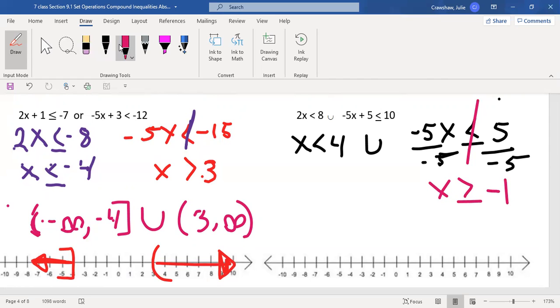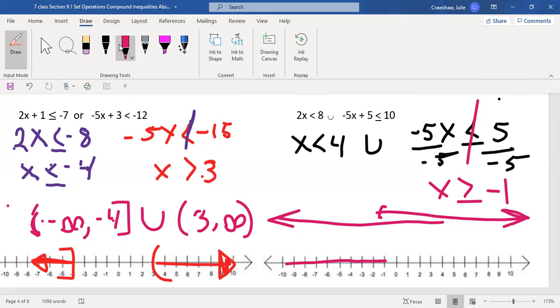So now let's see, I have x is less than 4. So here's 4, x is less than 4. And I have x is greater than or equal to -1. And this is a union, so it's everything in both. So that means my entire number line is going to be shaded.